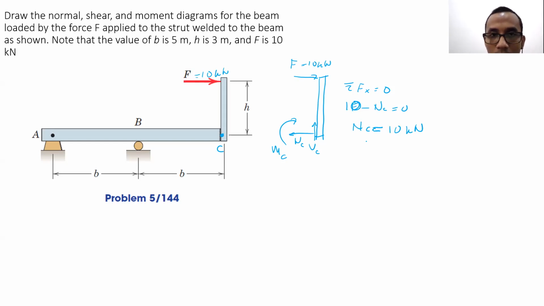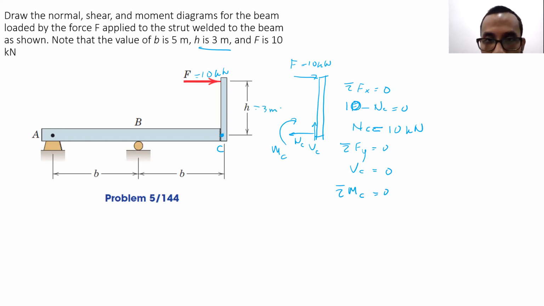Okay, then after that, using sigma Fy equal to 0, what we will have there is Vc is equal to 0. Then using sigma moment C equal to 0. Remember that the h is 3 meters.